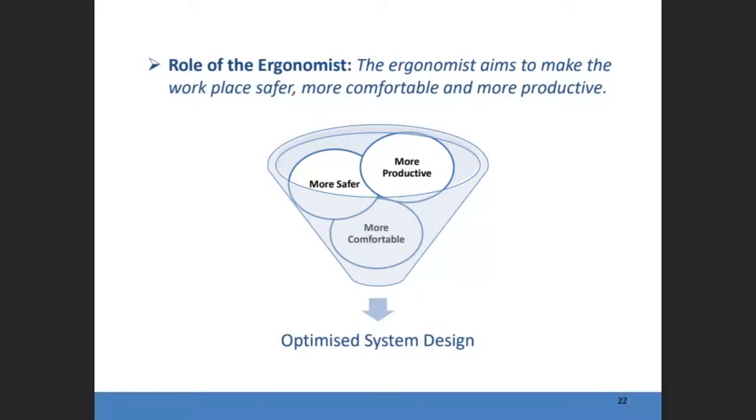So when you do your project, I want you at the end to show me these three things. How does your solution make the job or the process or the work safer, more productive, and more comfortable? Optimized system design, that's what we call it together.